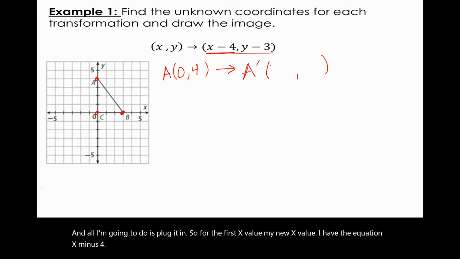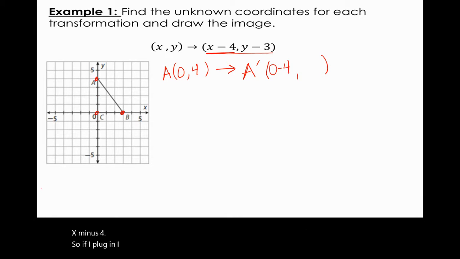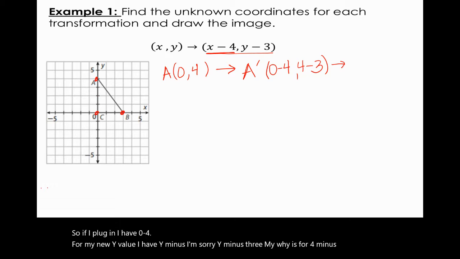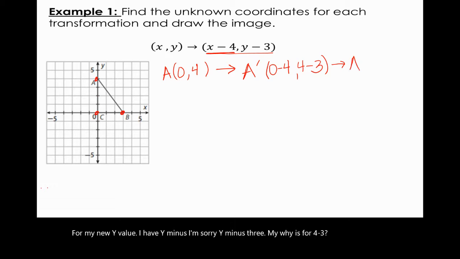So if I plug in, I have 0 minus 4. For my new y value, I have y minus 3. So my y is 4, 4 minus 3. And I'm just going to go ahead and complete that. 0 minus 4 is negative 4, and 4 minus 3 is 1.